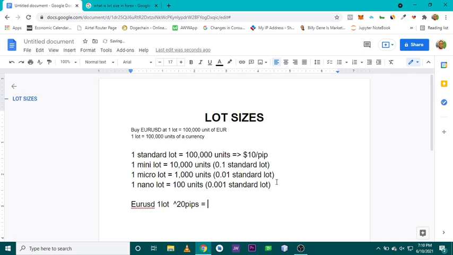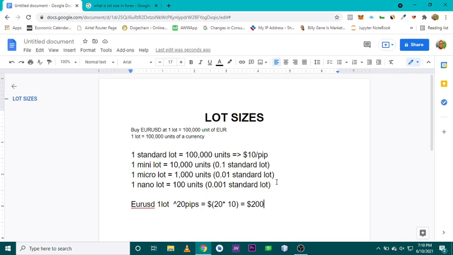So the amount in dollars that you have is going to be 20 times the value of each pip movement, which is 10. So 20 times 10 will give you how much? $200. So if you use one lot size and your price moves in your favor by 20 pips, you are making $200 on that trade.